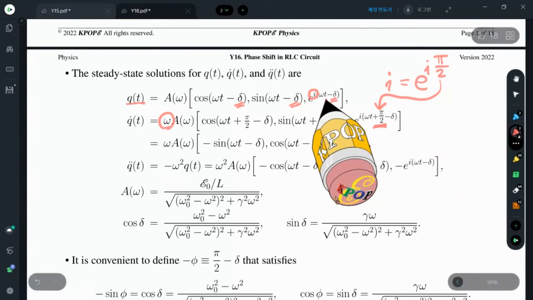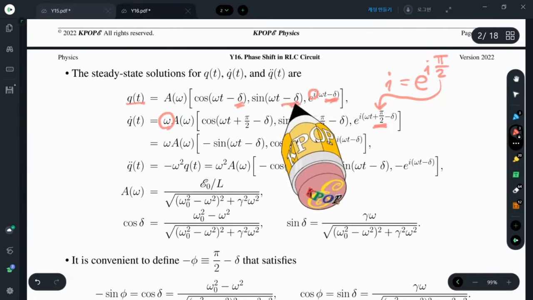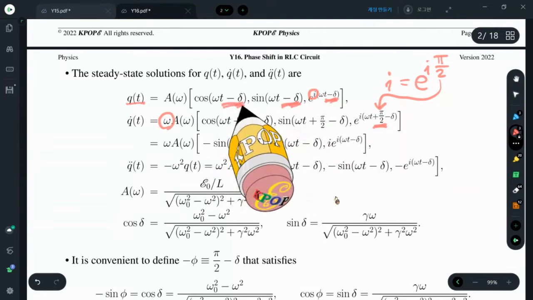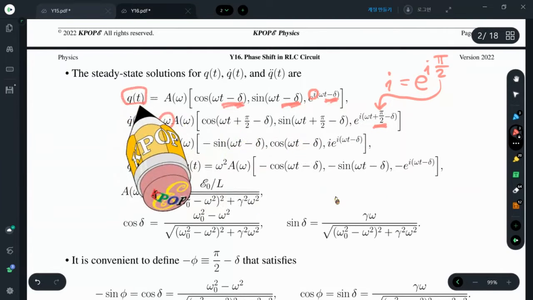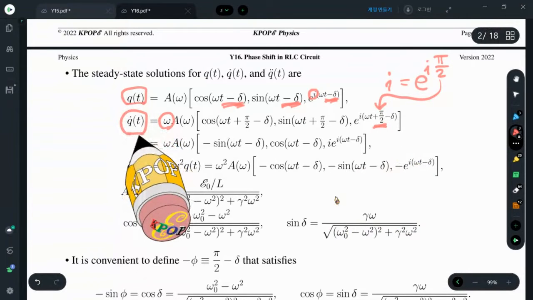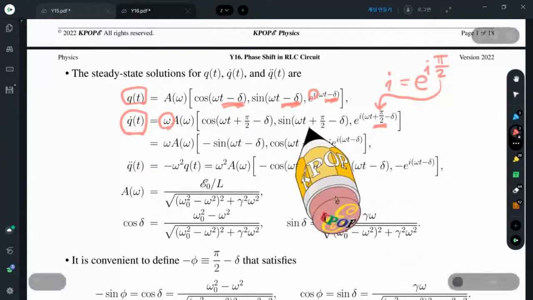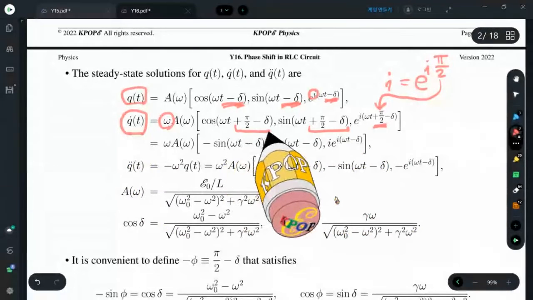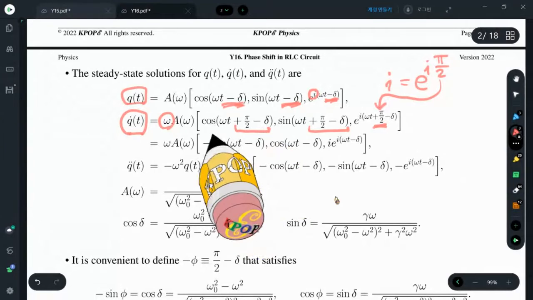So in addition to the phase shift minus delta, that was necessary to find the correct answer for charge Q, we have a phase shift by plus half a pi after taking the time derivative. So that's the reason why we have these two contributions.